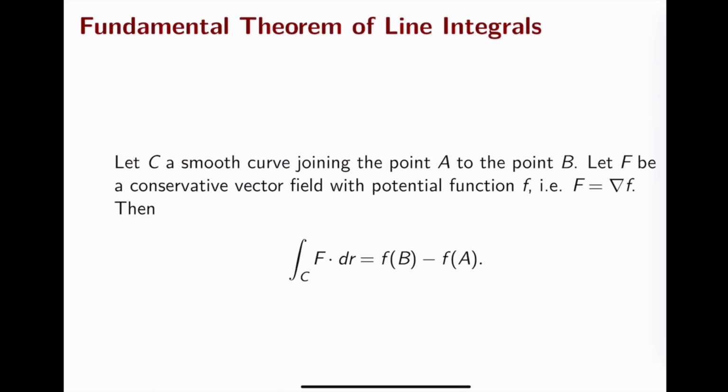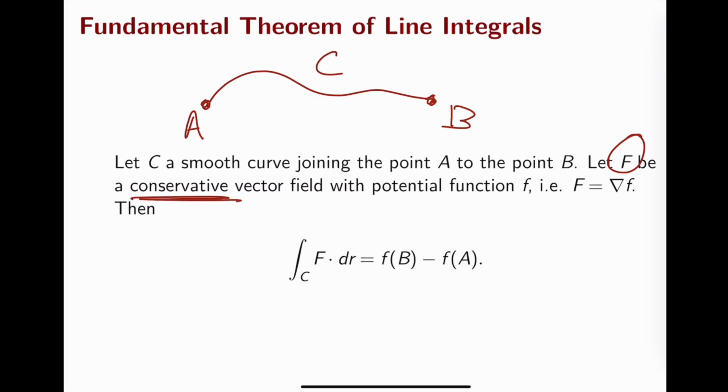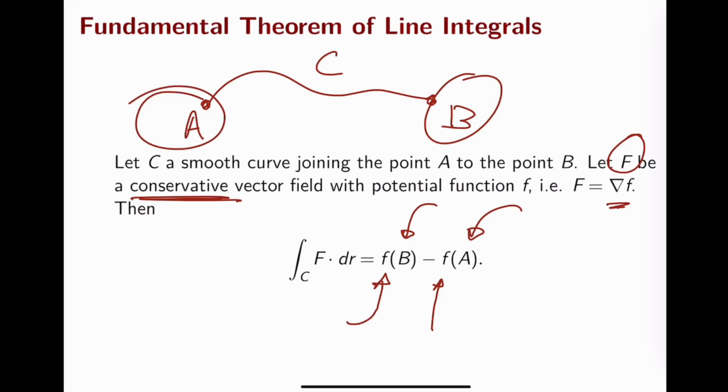If we have a curve C between A and B, and we have a vector field that is conservative, meaning that it comes from the gradient of a certain potential function, then in this hypothesis, the line integral of the vector field is going to be equal to the potential function evaluated at B minus the potential function evaluated at the beginning of the curve.